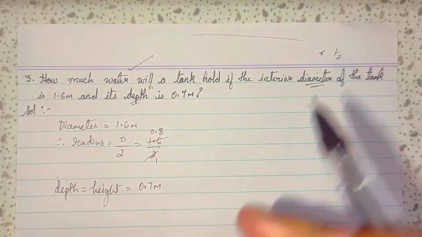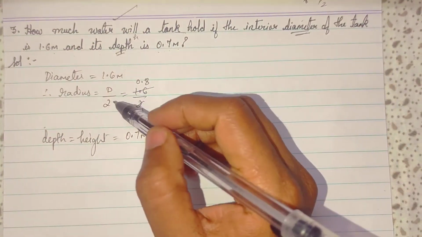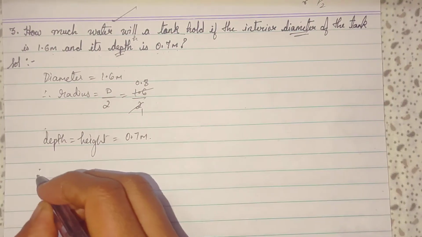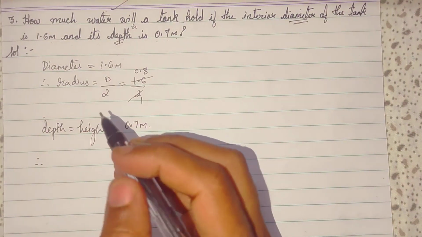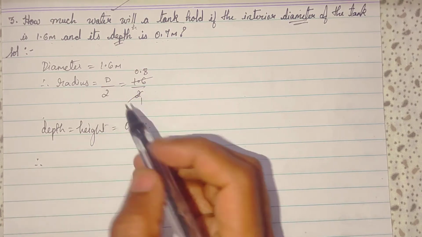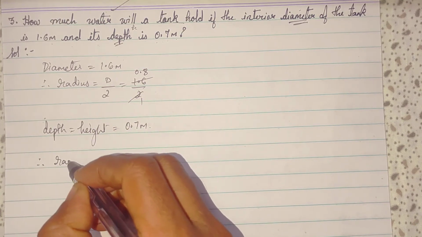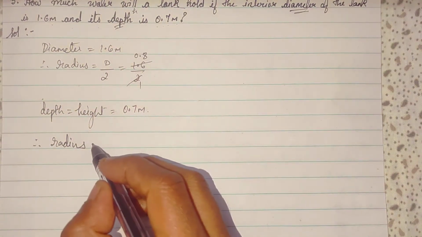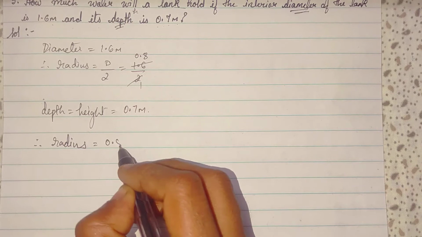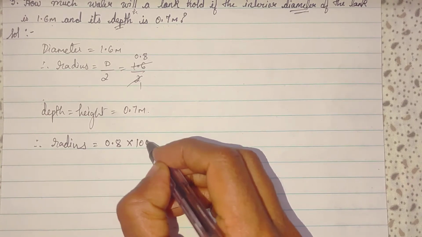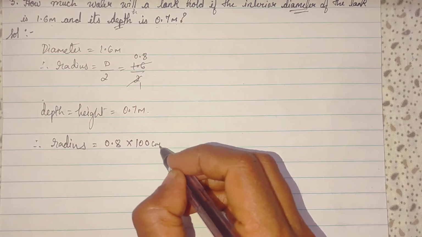The water is asked in cubic centimeter, but the measurements have been given in meters. Therefore, first the radius is equal to 0.8 into 100 centimeter.